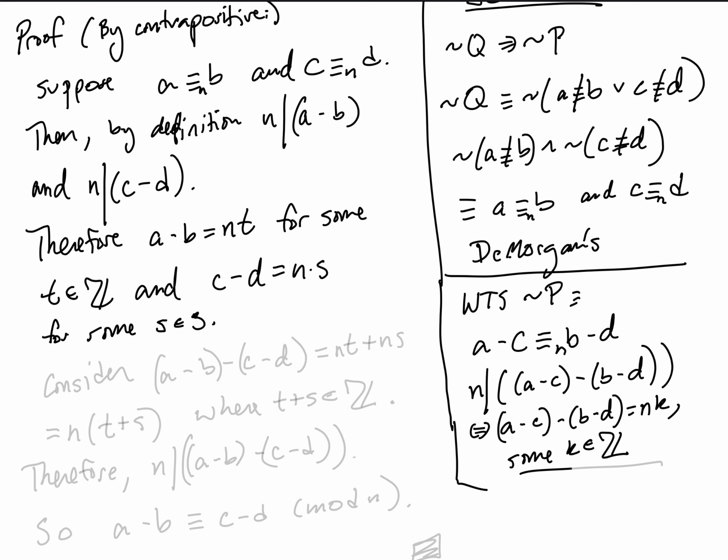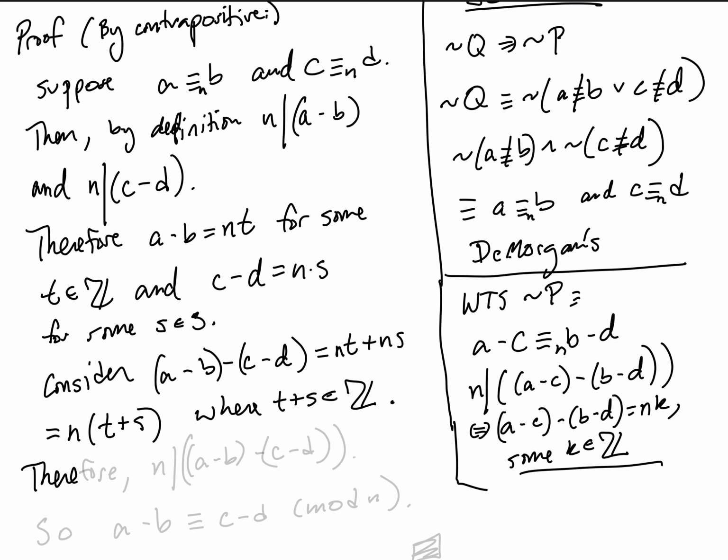So back in the actual proof, let's consider (A minus C) minus (B minus D). So let's consider that quantity. And we see that above, by substitution, that's equal to nt plus ns. And that is equal to n times (t plus s), where t plus s is in the integers. And so what have we shown? We have shown exactly what we wanted to over here.